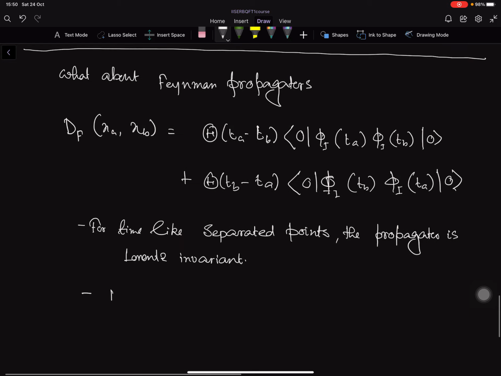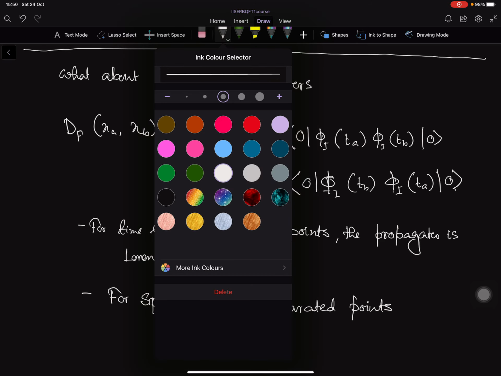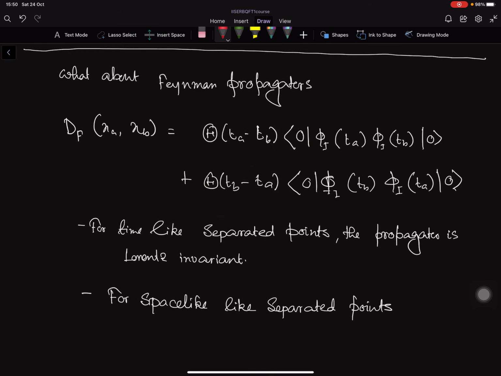Now for space-like separated points, depending on the choice of frame, either this one is non-zero, let me call it term 1, or this one is non-zero.